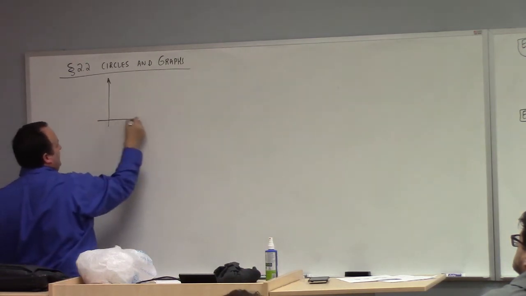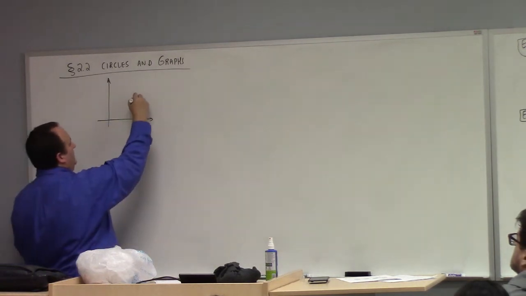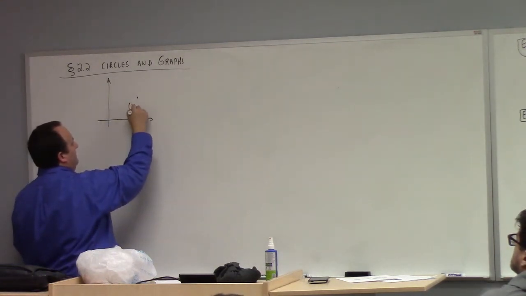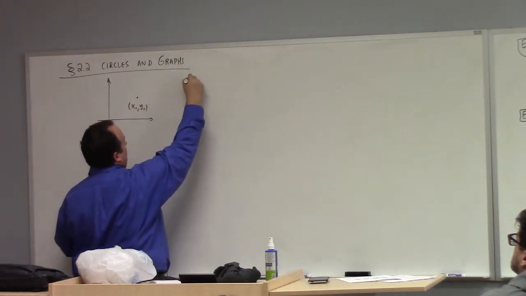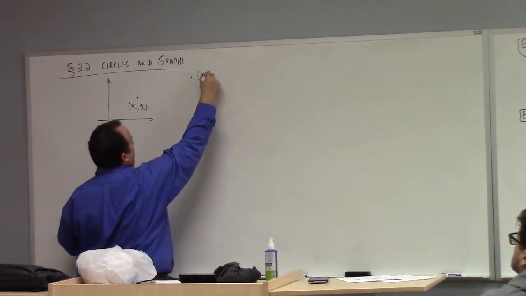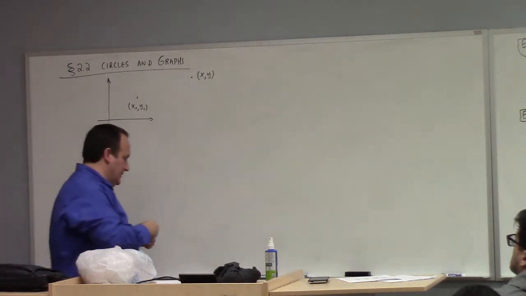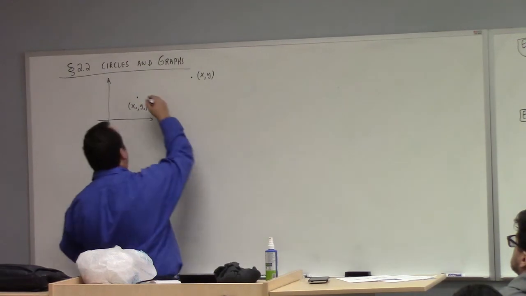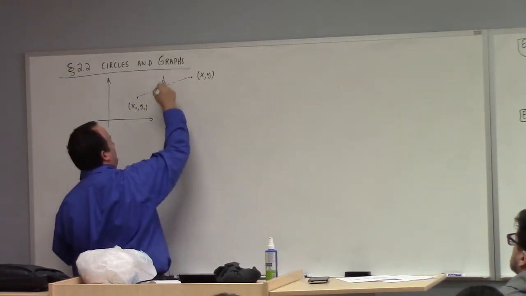So the first thing I need to talk about is the distance formula, right? Suppose I have a point x naught, y naught, and then I got another point over here, like x comma y. What's the distance between those 2 points in terms of a formula involving the coordinates? So what's the length of this blue line?